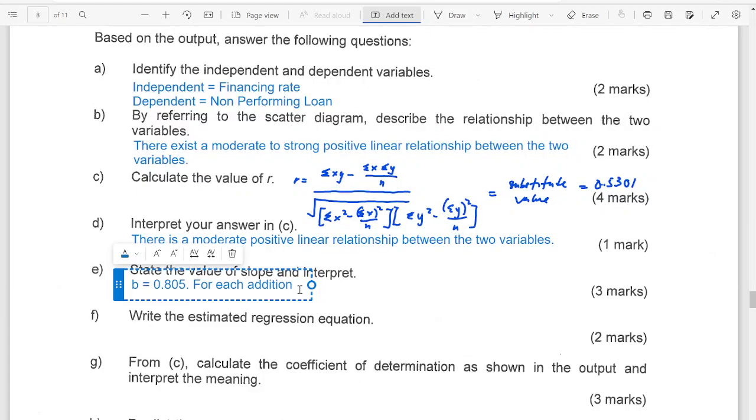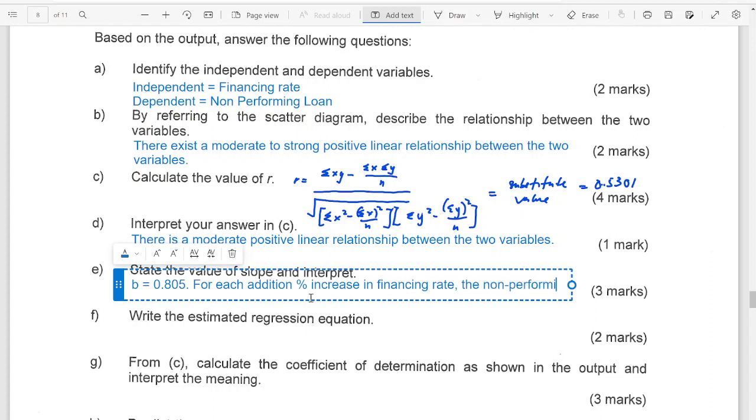So for each additional percent increase in financing rate, the non-performing financing will increase.